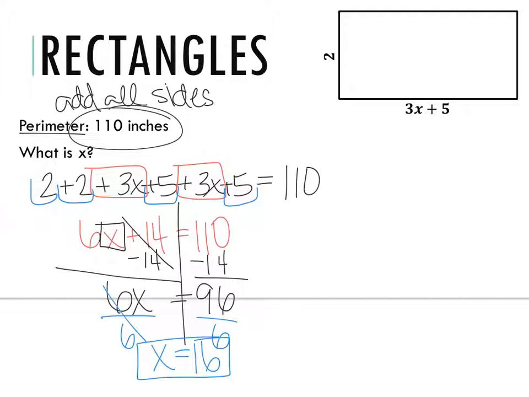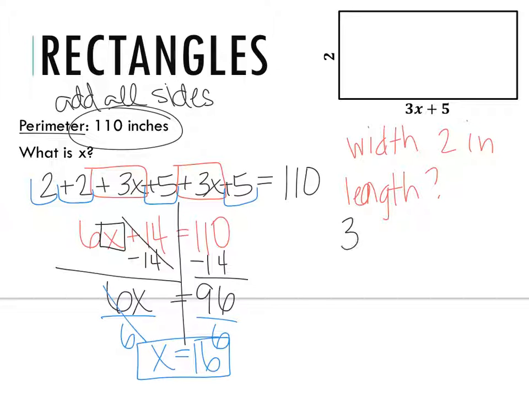So I know this just says what is x, but I'm going to have you take this one step further. So I want you to also say, we know that the width, the shorter length is 2. So what's the length? Well, if the length was originally 3x plus 5, we know that x is 16.